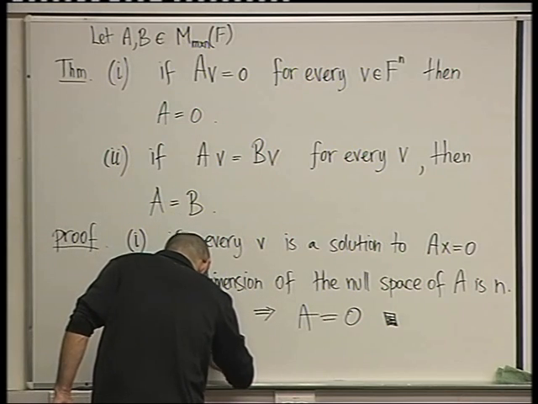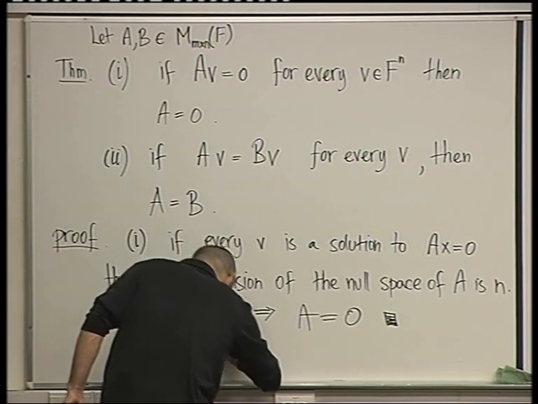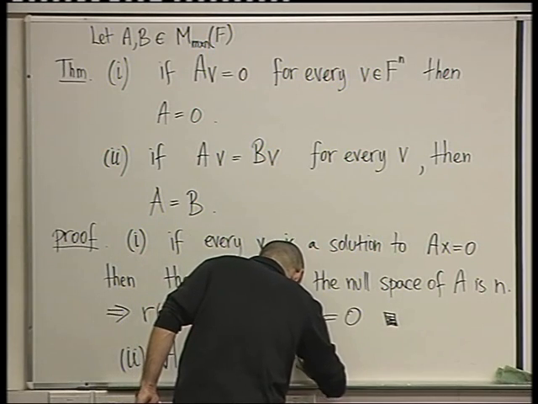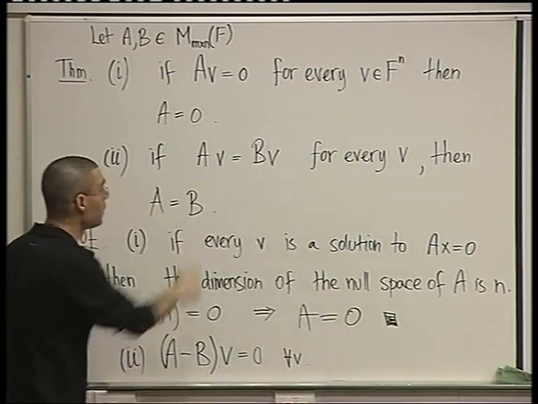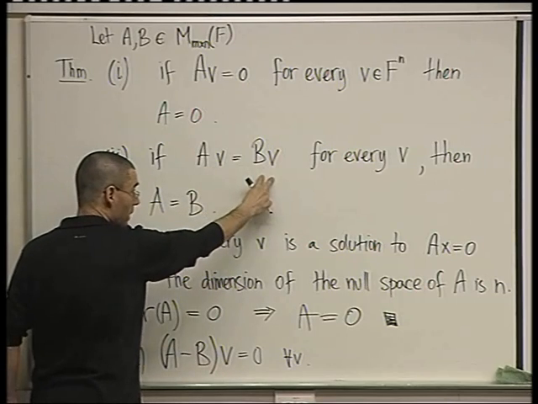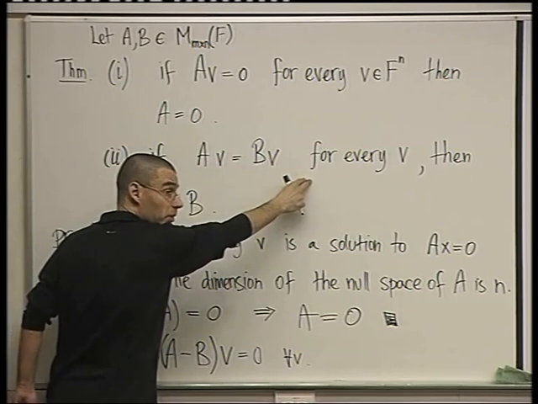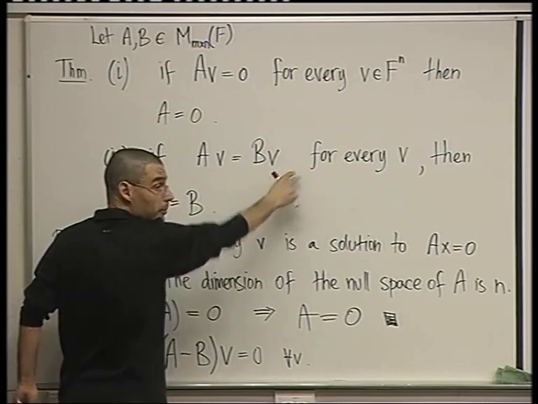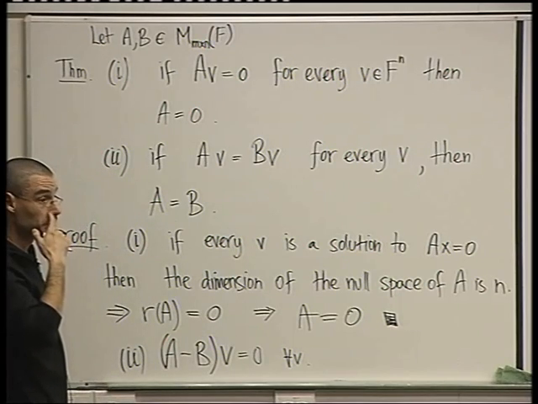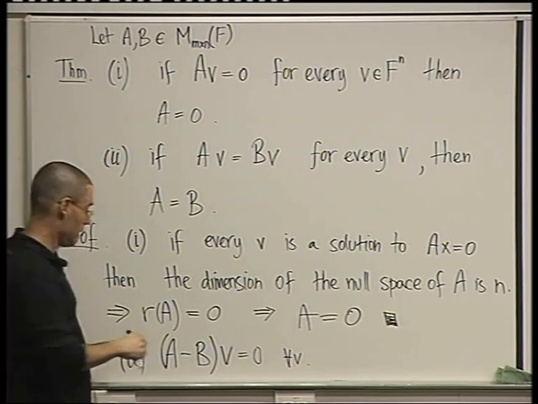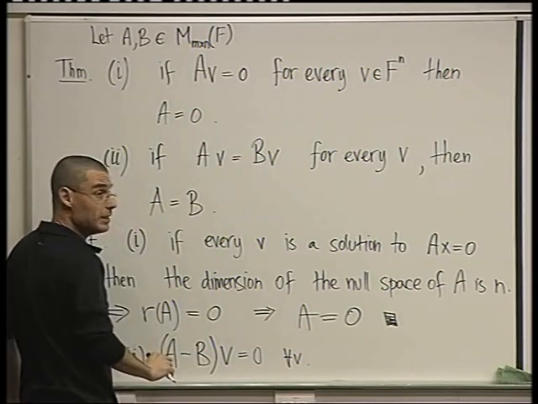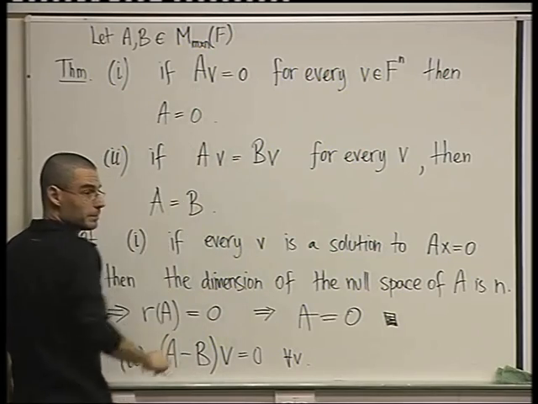Therefore, A minus BV, by associativity, equals 0 for every V. Do you agree that this follows? But by part 1, the matrix A minus B satisfies part 1.